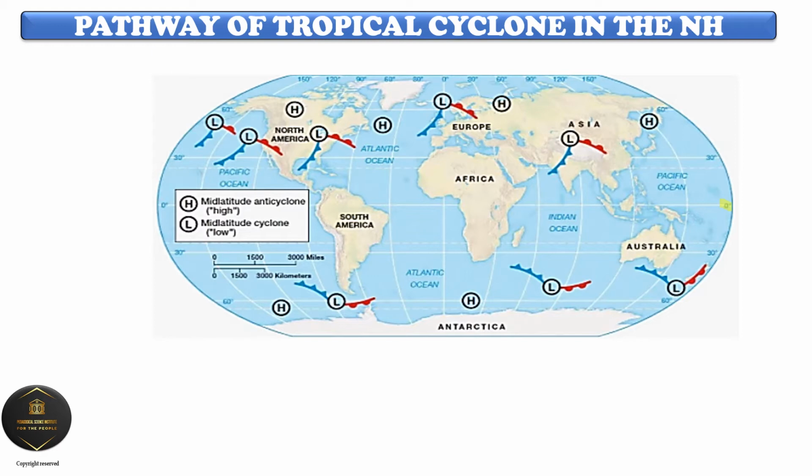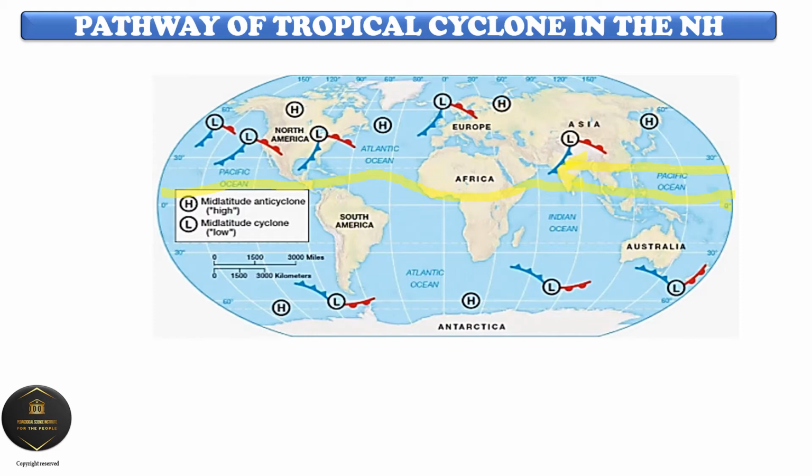Sorry about that. So it means it will form somewhere here, 5 degrees outside the equator. And it will move from east to west, of course. So it will affect the east coast of Asia as a result, right? Because it forms between 5 degrees and 30 degrees.